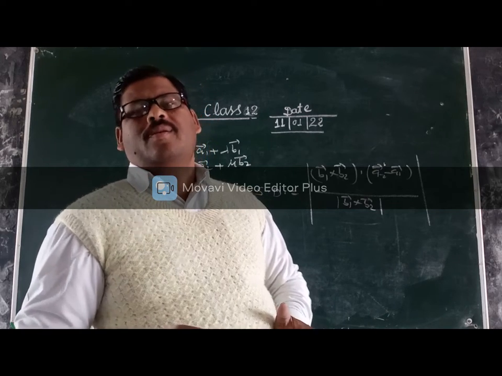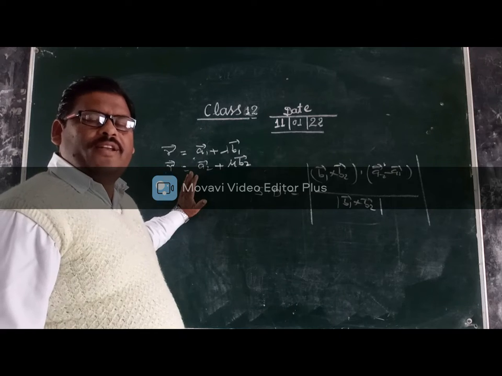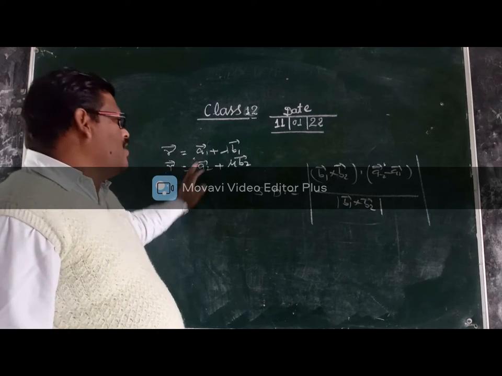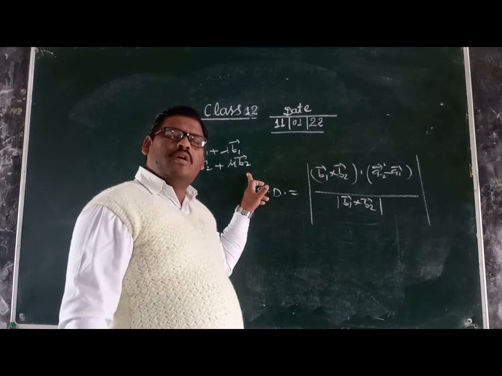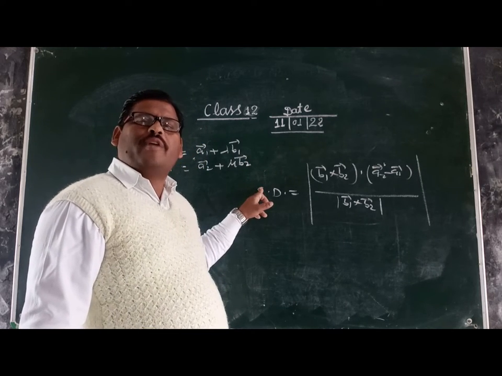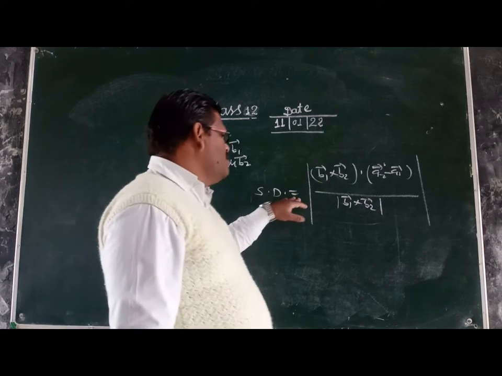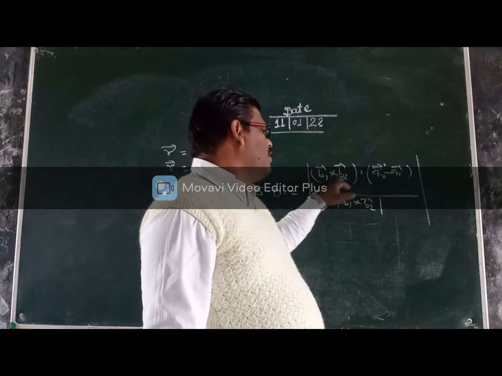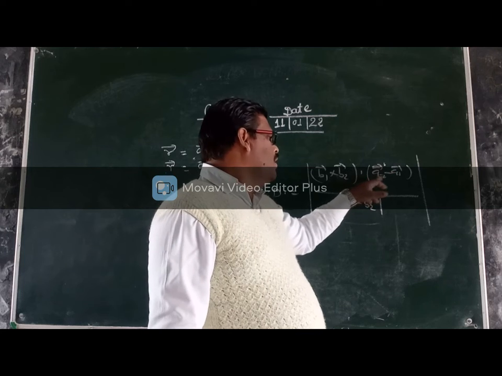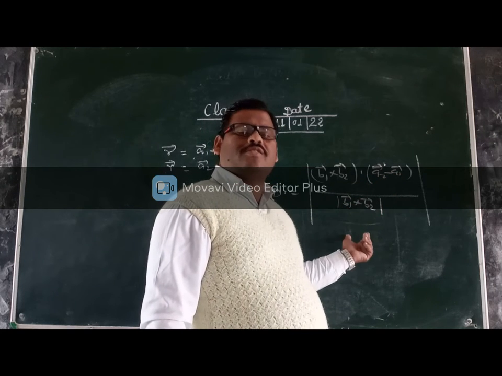According to the third condition, if the given lines are skew lines, that is b1 is not equal to b2, or vector b1 is not parallel to vector b2, you can find the shortest distance using the formula SD is equal to the modulus of (b1 cross b2) dot (a2 minus a1), divided by the modulus of b1 cross b2.